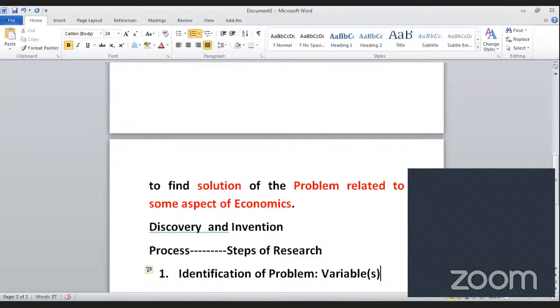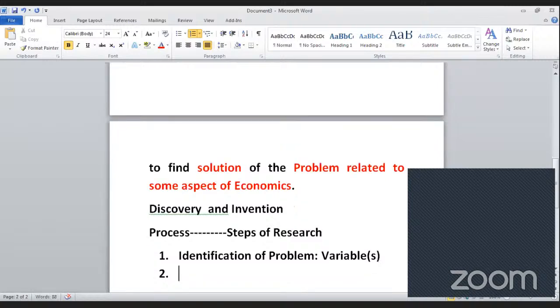Once you have selected a variable, then important is that you should be able to write the title. And once you write the title, after that you should be able to write the objective, or let us say objectives.